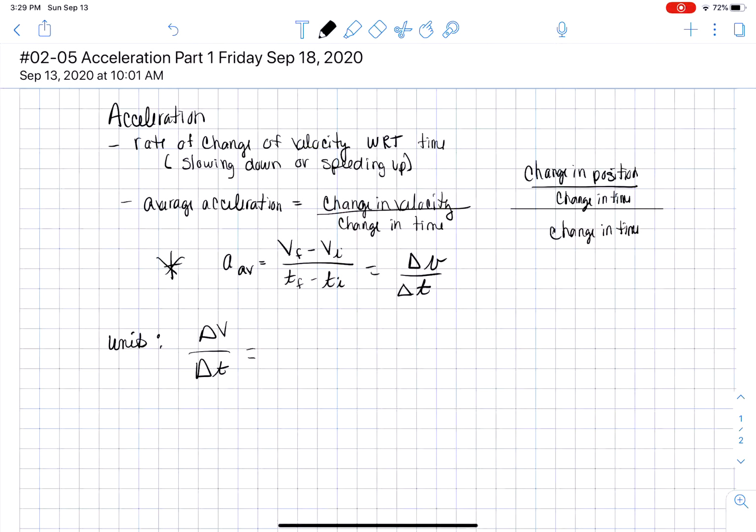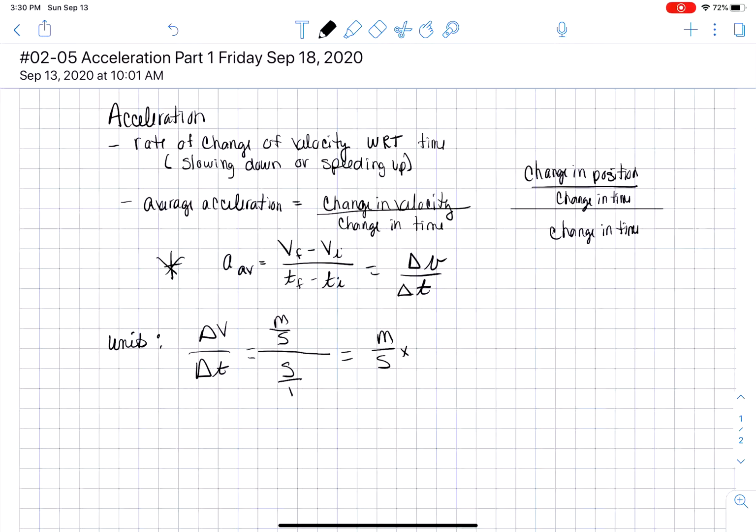Delta V over delta T is meters per second over seconds. And to solve that, we have meters per second over seconds over 1. So that means we have meters per second. And to divide by a fraction, we invert that fraction and multiply.